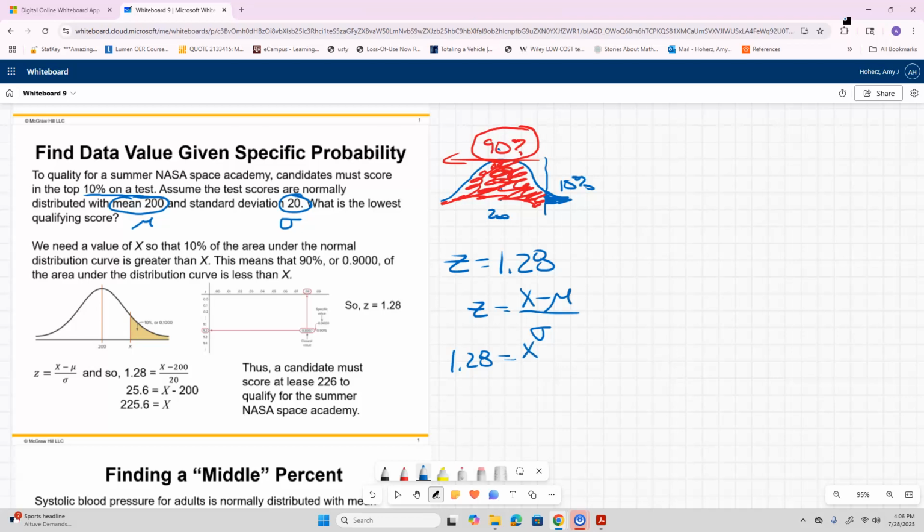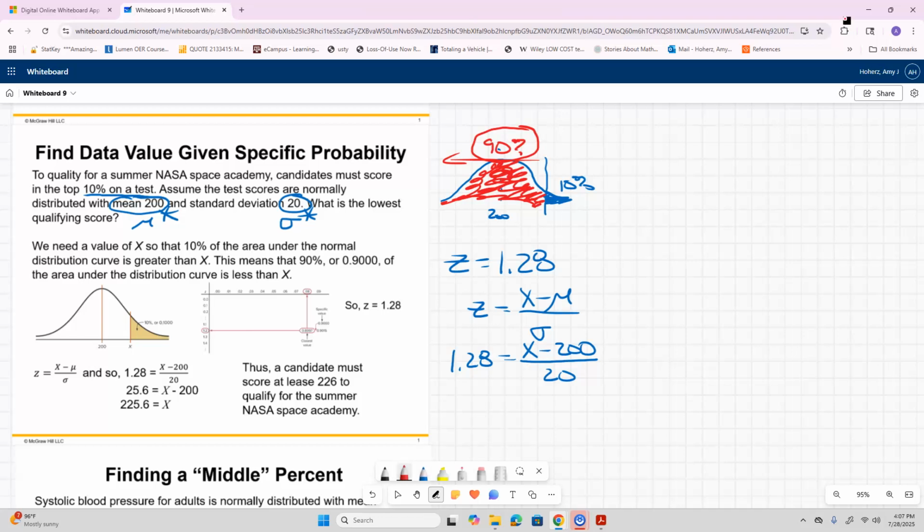We're trying to find the x. We don't know x. That'll be the score that you have to get, at least that score or above, to be considered for the academy. The mean is 200 and the sigma is 20. We had those up here, remember. Mu was 200, sigma was 20.